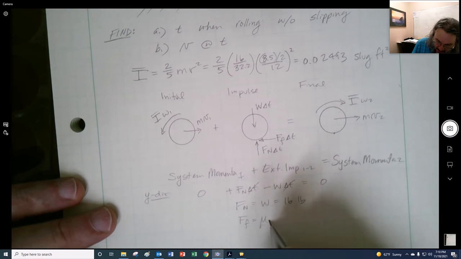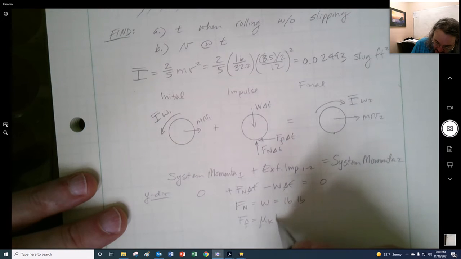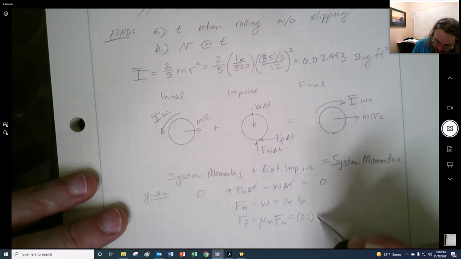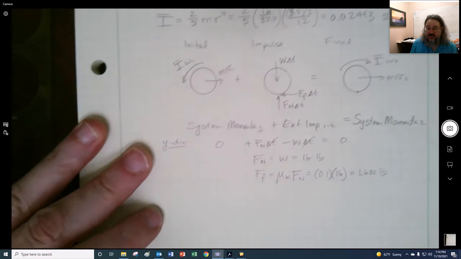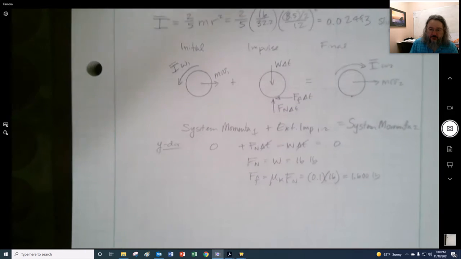So that's the kinetic coefficient of friction times the normal force. And so that's 0.1 times 16, and we get 1.6 pounds. Easy, easy, easy, I know.